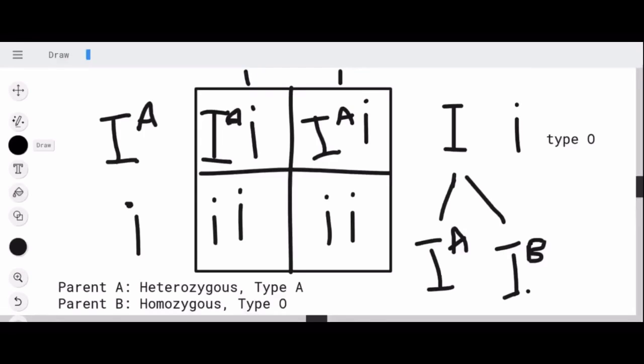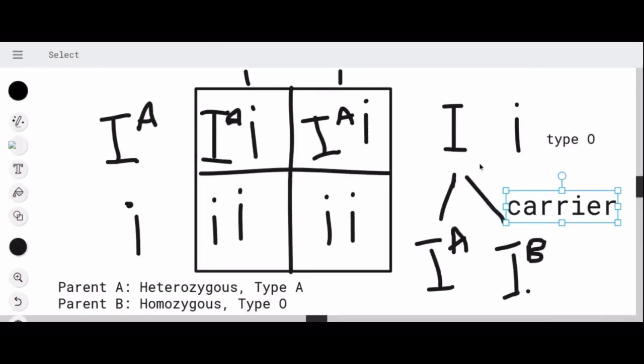And that heterozygous type A is something I'd like to address. I know this is a mess, but there's this word, carrier. And it means that while you exhibit a certain trait, while you have a dominant trait that masks that recessive, you still have that recessive trait.